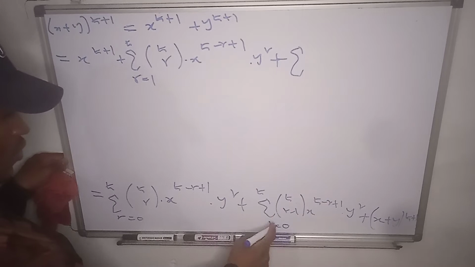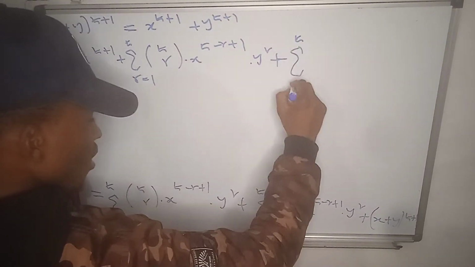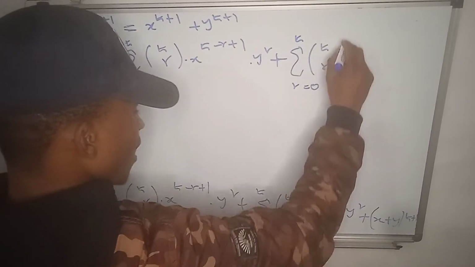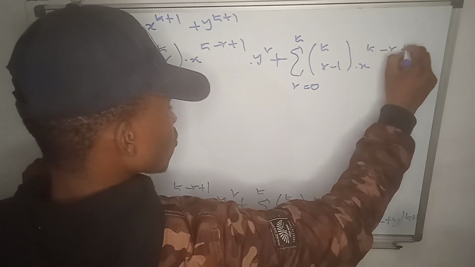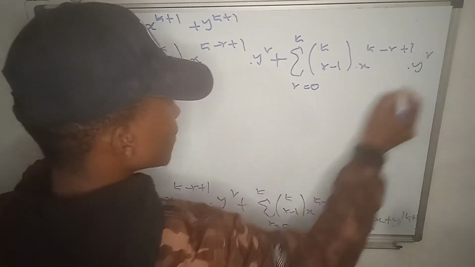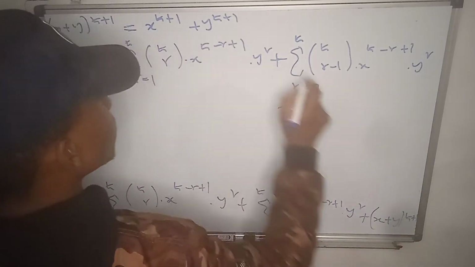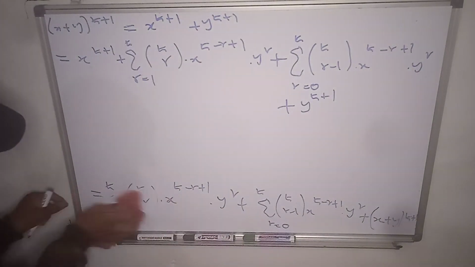So here is going to be the summation of r equals 0 to k, k combination r minus 1 times x^(k-r+1) times y^r, plus I'm adding this term, which is y^(k+1). So I can just erase this part.